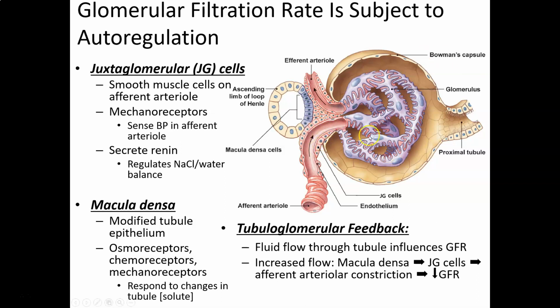Again, we'll talk about that later. And then it will also cause afferent arteriole constriction, and that would decrease GFR, which would eventually decrease the amount of fluid going through the lumen, and that would get everything back to normal. So the tubuloglomerular feedback mechanism is an intrinsic mechanism to regulate GFR. So we'll come back to that again when we talk about homeostatic regulation.